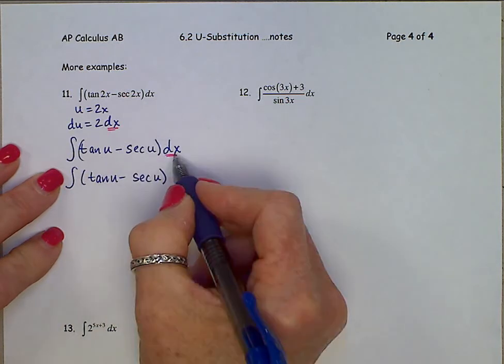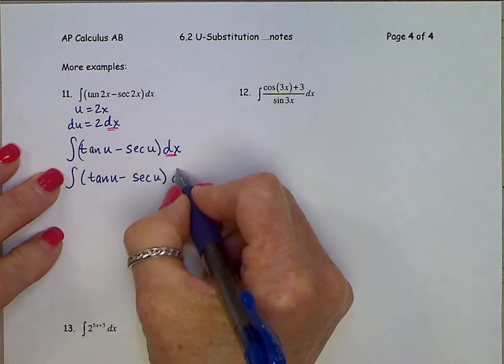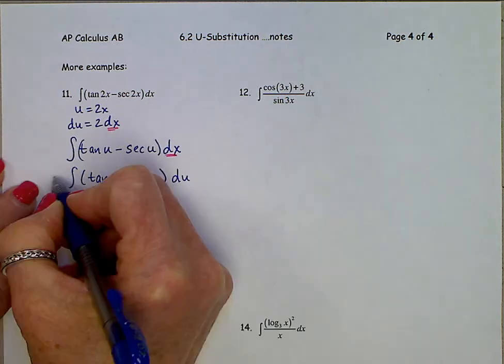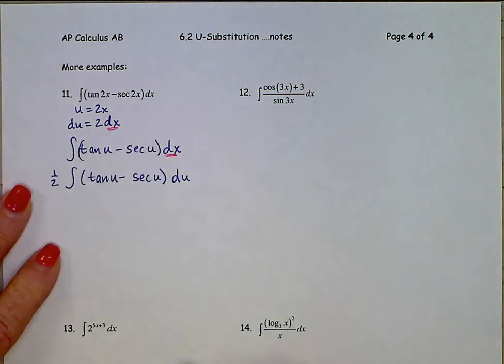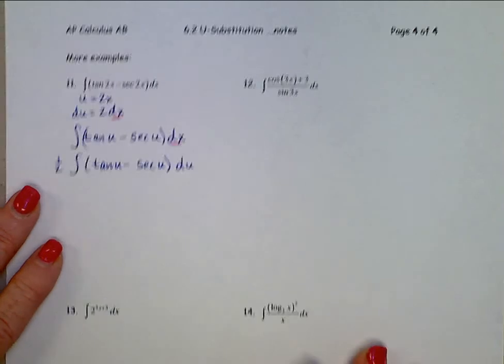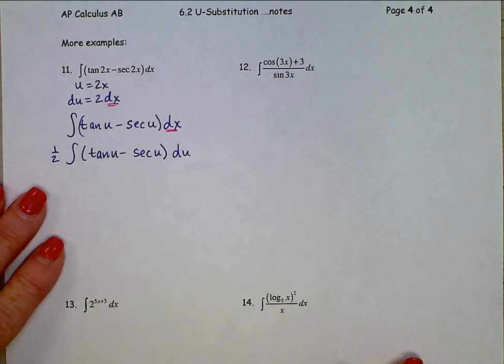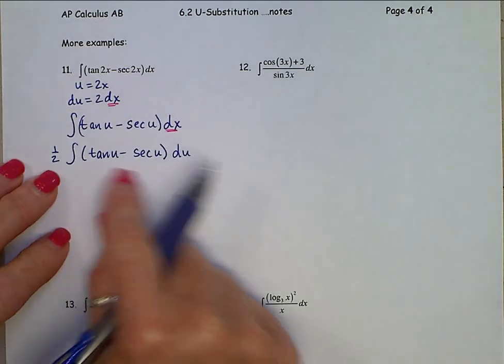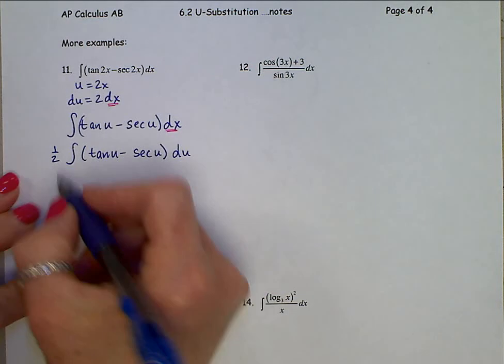I'm going to put the du here and take that 1/2 and pull it around front. Now we're all set. We can anti-differentiate this, using the formulas from page 3, 1/2.